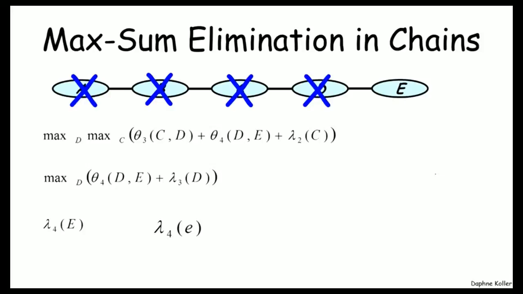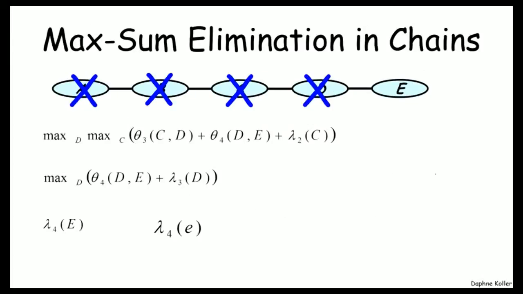So now let's think about what we get at the end of this execution for the final factor. What is lambda 4, having gone through lambda 2 and lambda 3, now we get lambda 4 of E. What is lambda 4 for a given value little e?